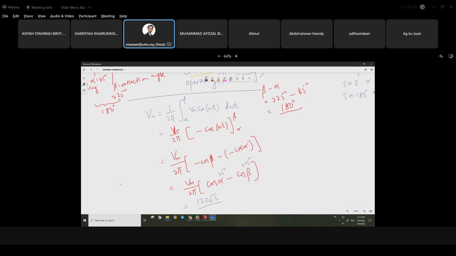Because V RMS equals V peak over root 2. So Vm equals V RMS times root 2, divided by 2 pi, cos 45 minus cos 225.